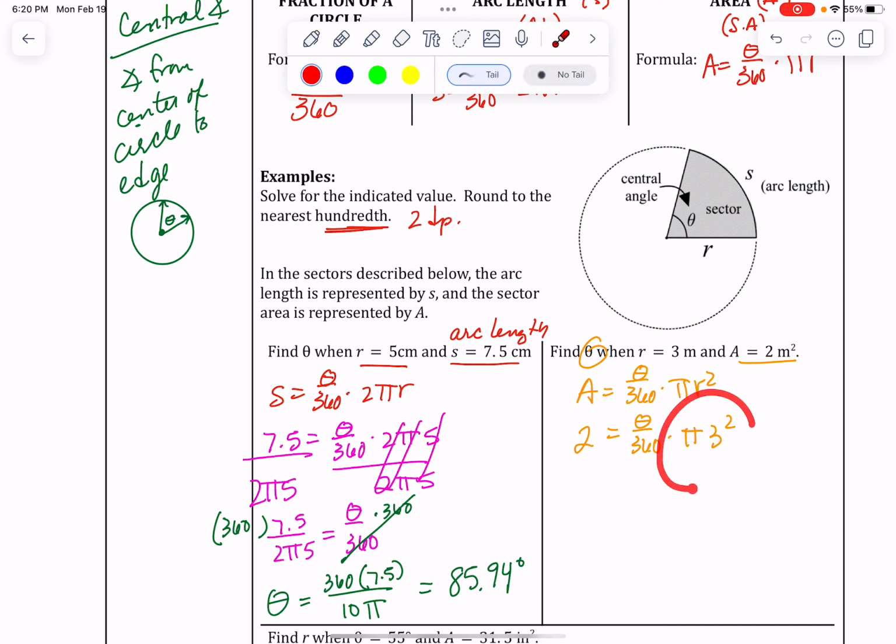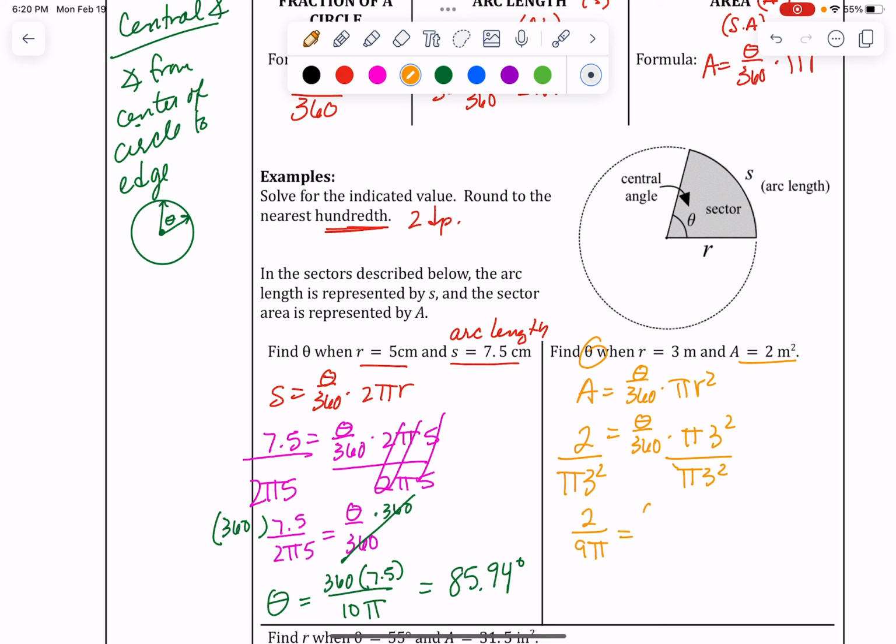Again, we're multiplying, so we're going to divide by pi 3 squared. So that I have 2 over 9 pi equals theta over 360. And then we multiply both sides by 360.